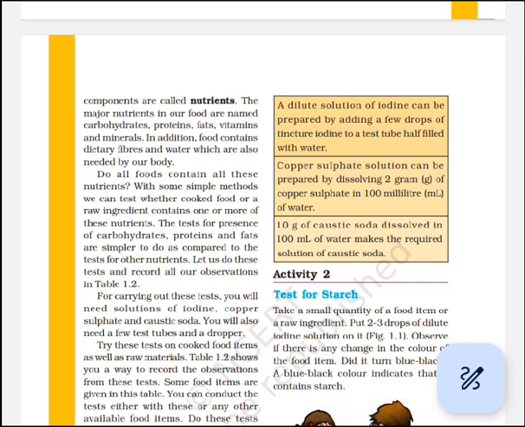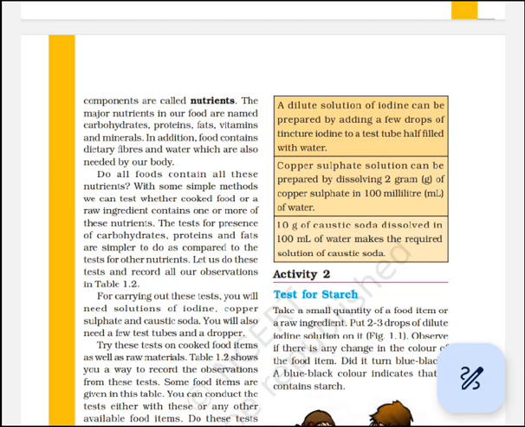Copper sulfate solution can be prepared by dissolving 2 grams of copper sulfate in 100 milliliters of water. 10 grams of caustic soda dissolved in 100 ml of water makes the required solution of caustic soda.